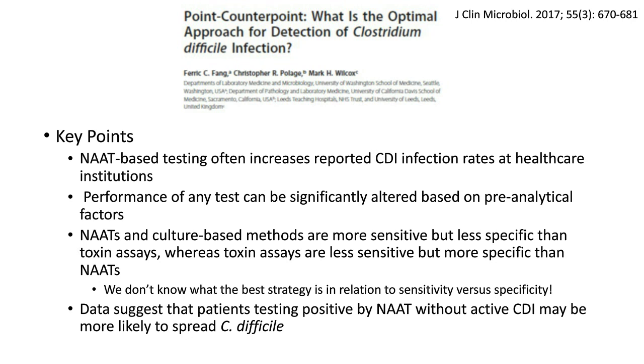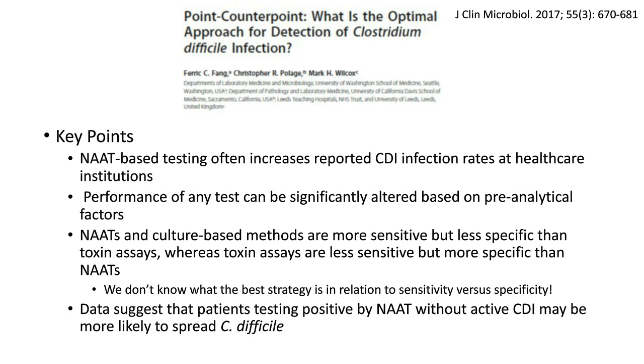And ultimately, as we go throughout this discussion today, I'm going to make the argument to you that we may not know the best strategy in relation to, should we optimize for sensitivity, should we optimize for specificity, or do we need to achieve a balance between both sensitivity and specificity in identifying those patients that truly have Clostridium difficile colitis?